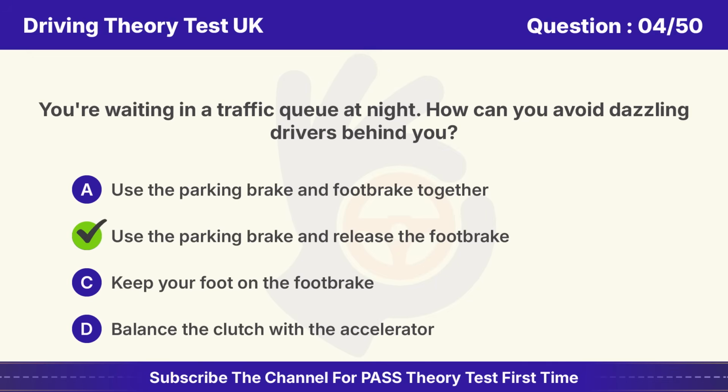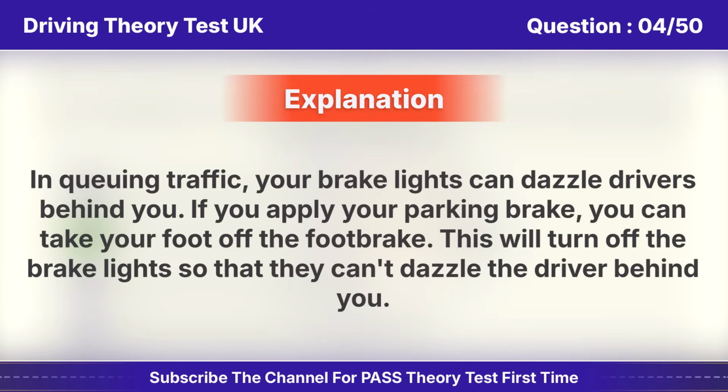Answer is B. Use the parking brake and release the foot brake. In queuing traffic, your brake lights can dazzle drivers behind you. If you apply your parking brake, you can take your foot off the foot brake. This will turn off the brake lights so that they can't dazzle the driver behind you.